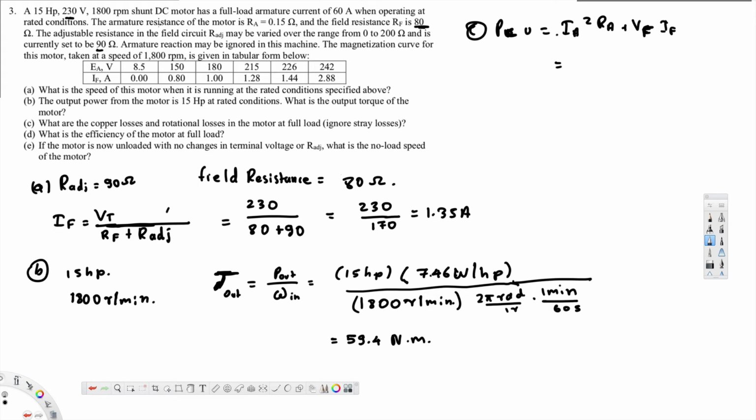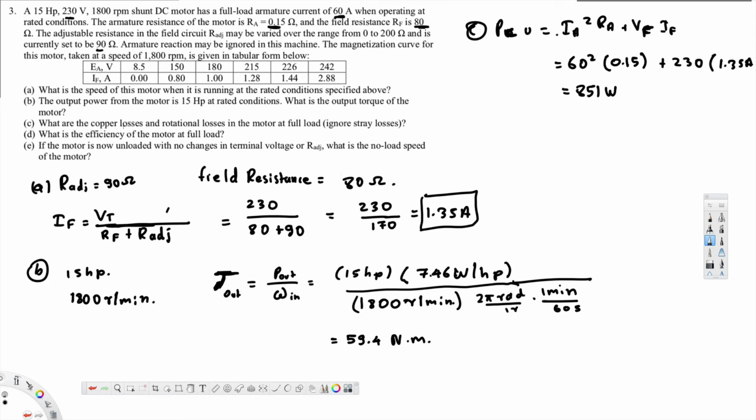Ia is 60 ampere given, 60 squared times Ra 0.15, plus Vf is 230, and then If is what we found out right here, that's 1.35 ampere, and that gives us 851 watts, and that is copper losses.